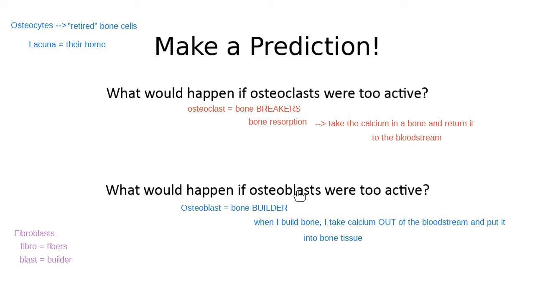So let's think about what would happen if my bone breakers were too active. What were some of the things that we said in our group work? What might happen in your body if your osteoclasts are too active?